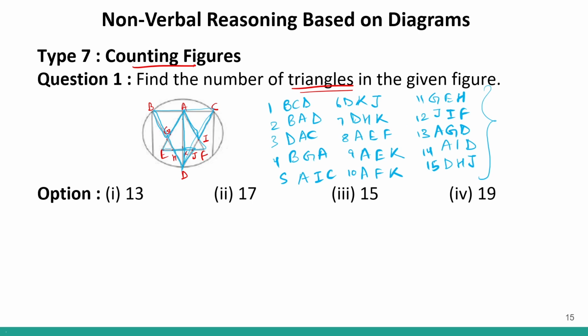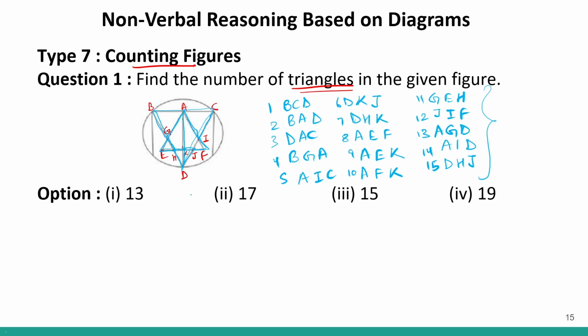Then we have GEH, so GEH is this small triangle. Similarly, we have JIF, which is this small triangle. Then we have AGD, which is this triangle, and AID, and then we have DHJ, which is this triangle. So in total, without repetition, we have 15 triangles.